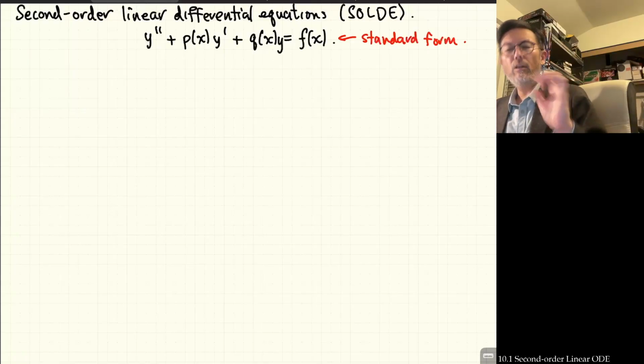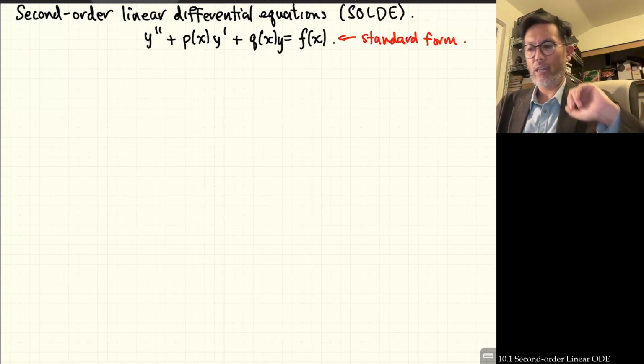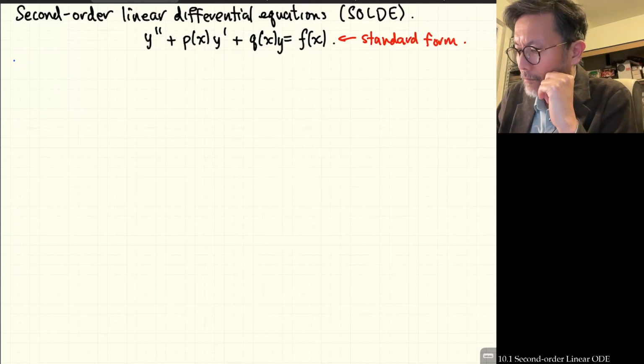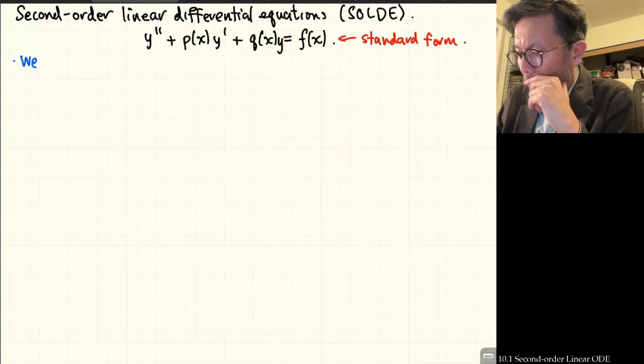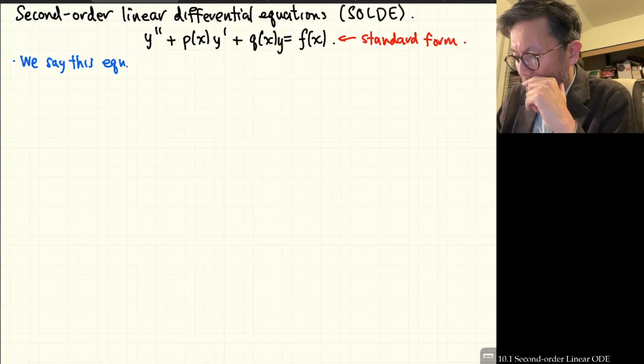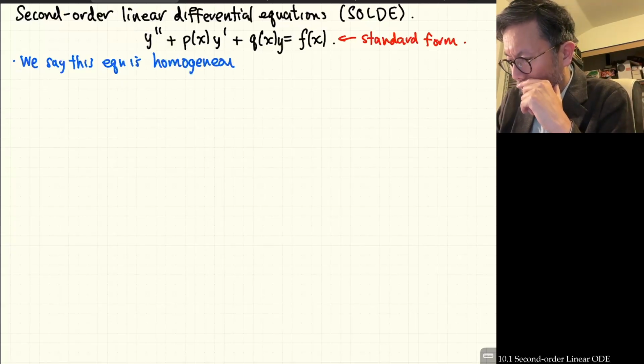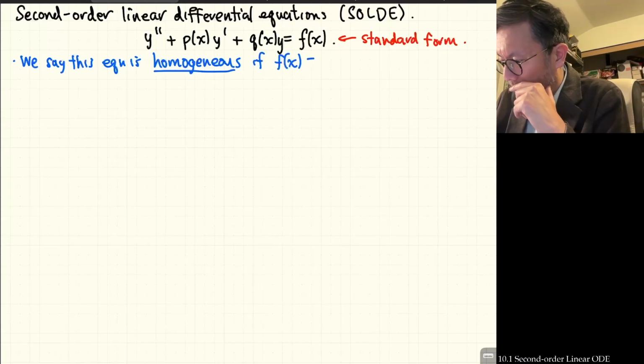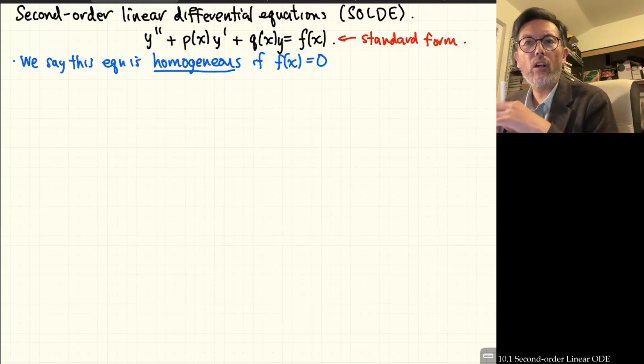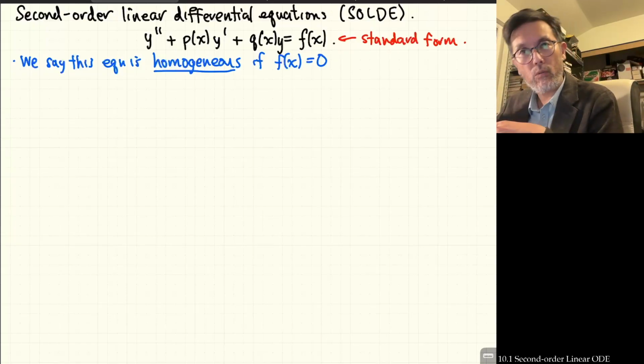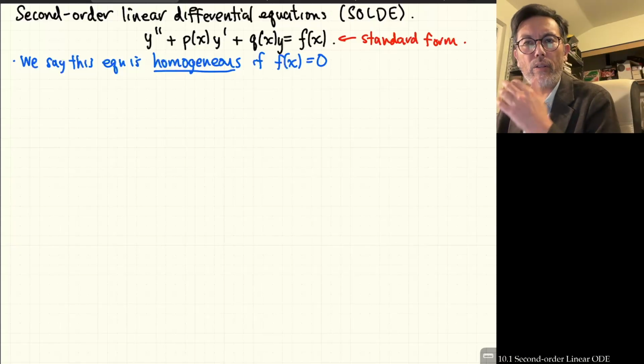Let me throw a little bit of vocabulary at you. We say this equation is homogeneous, this is the vocabulary word, if f of x is identically 0, is always 0 for all x. If f of x is the 0 function, so the right-hand side of the equation is 0, then we say it's a homogeneous equation.